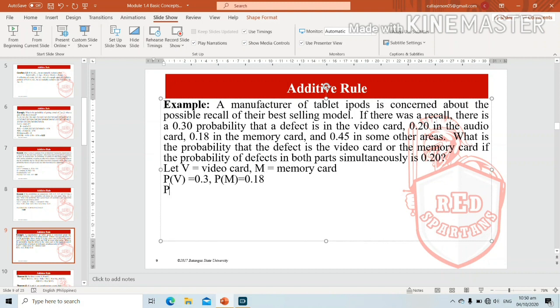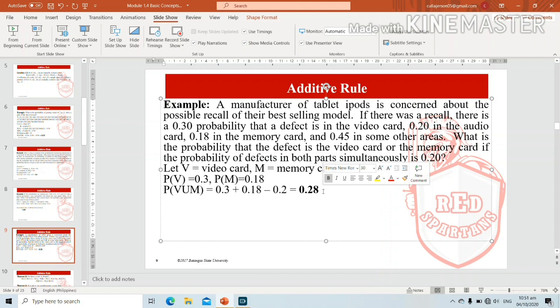So, pwede natin makuha probability ng video card union memory card is equal to 0.3 plus 0.18 minus intersection ng video card and memory card is 0.2. So, 0.3 plus 0.18 is 0.48 minus 0.2 is 0.28. So, 28% yung probability na yung defect ay nasa video card or memory card. Yun ang ating answer, 0.28.